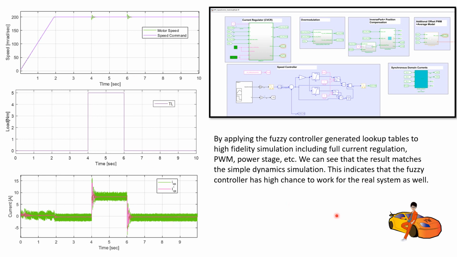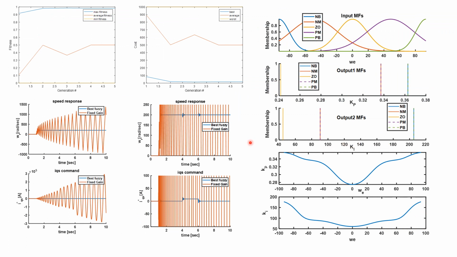And so this gives me confidence that this fuzzy controller has a high chance to work for a real system as well. Although for a real system, we have to add more logic: if the cost goes out of bounds, if the cost goes higher, we want to skip this profile and give it a high cost.